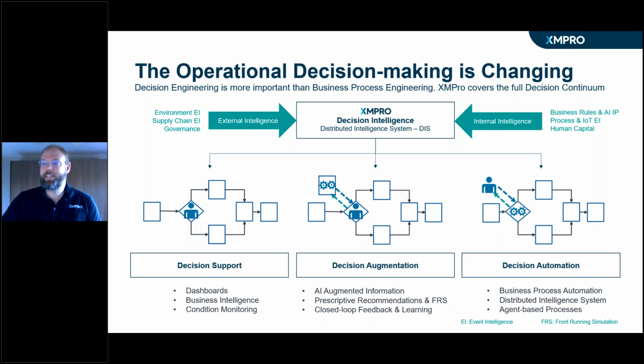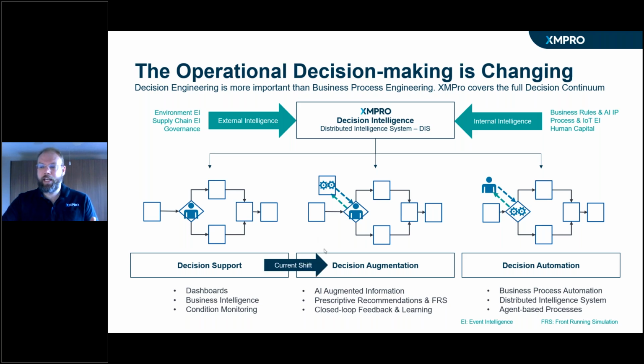Decision augmentation is where you are reaching out and looking for prescriptive recommendations, augmented information from an AI perspective or from other systems, closed loop feedback, etc. The last piece is decision automation, where you have a human who is not so much in the loop, but on the loop and keeping an eye on the automation pieces that are happening here.